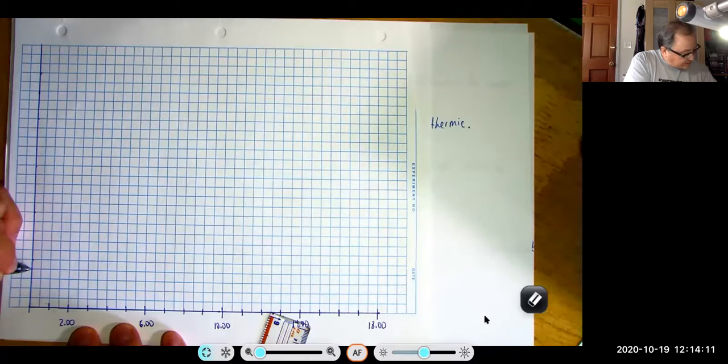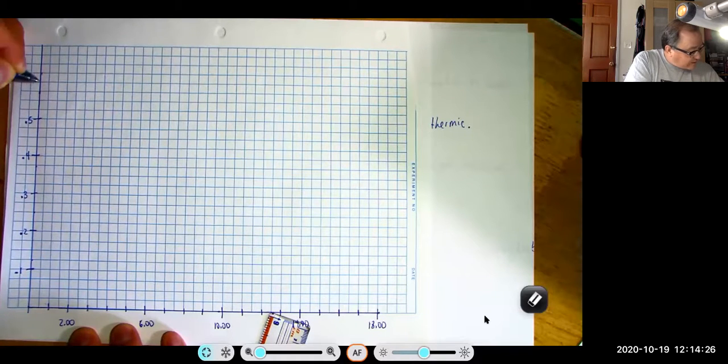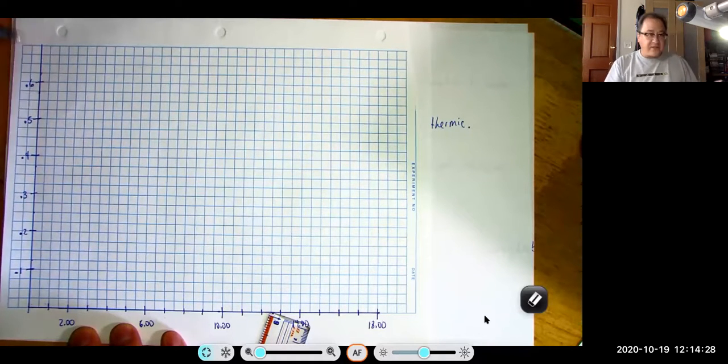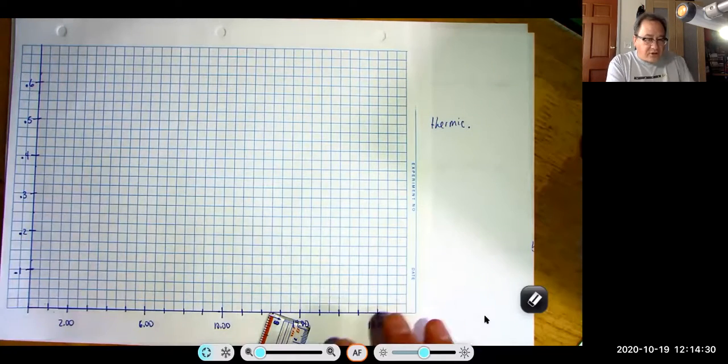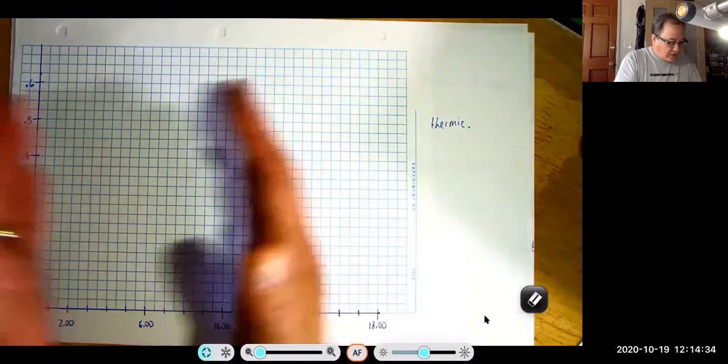So I'm going to make this 0.1. Another 4 is going to be 0.2, 0.3, 0.4, 0.5, and 0.6. So this way I've used most of my graph. I haven't made it too small or too large.